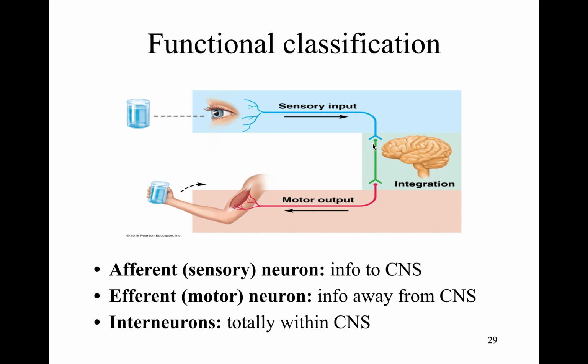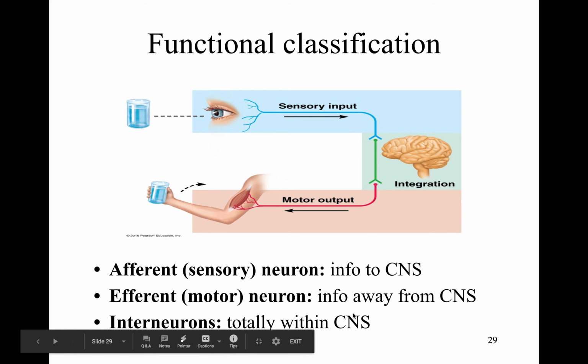So they're communicating in between sensory and motor neurons. Our functional classifications are dictated by whether that neuron is carrying information towards the central nervous system or away from the central nervous system, or carrying information completely within the central nervous system.